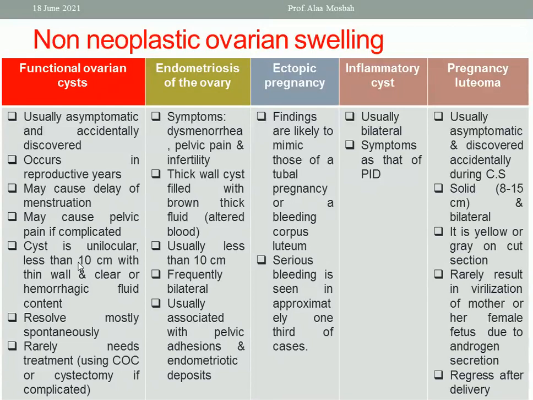If complicated by torsion, we should also intervene surgically, either by laparoscopy or laparotomy, but laparoscopy is the preferred procedure. So most of the functional ovarian cysts will resolve spontaneously without intervention. What about endometriosis? Endometriosis is commonly associated with chronic pelvic pain, dysmenorrhea, and infertility.